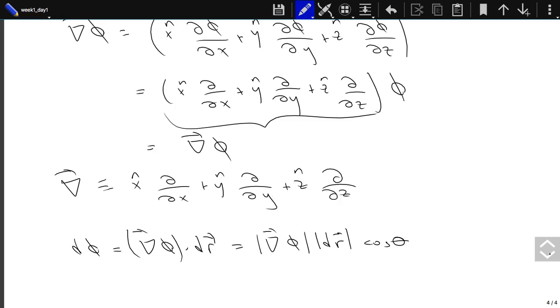Once you choose your function phi, once you are given that function, you don't have any freedom over here, but you are free to choose this vector dr. And whatever vector you choose, the change in phi when you take one step in that direction will be given by this expression. And the maximum possible value is when dr is in the same direction as the gradient of phi.